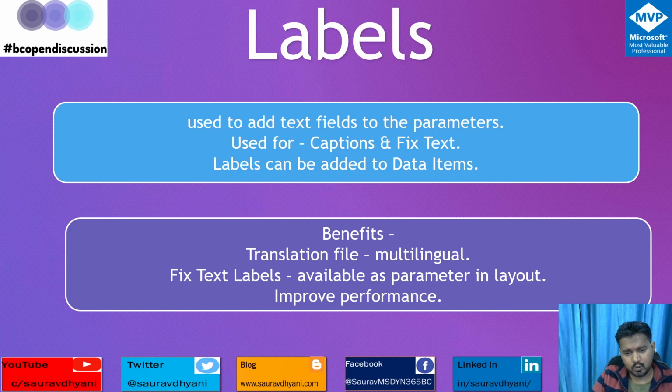And we need to keep a very close eye on the size of our data set, because the bigger the data set is, the slower the report execution will be. There are impacts of the design on performance for sure, but the data set plays a very important role in your report performance. So we need to try to keep our report data set as small as we can. I'll show you how you can see that in our coming videos in this series, and what best practices you should follow to keep it small as much as you can.